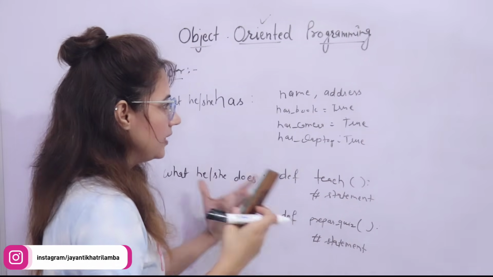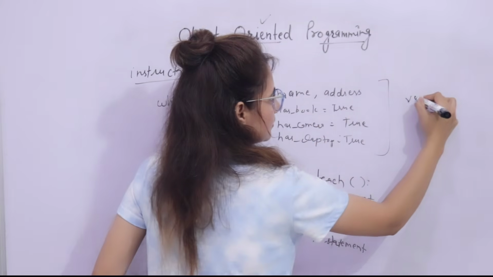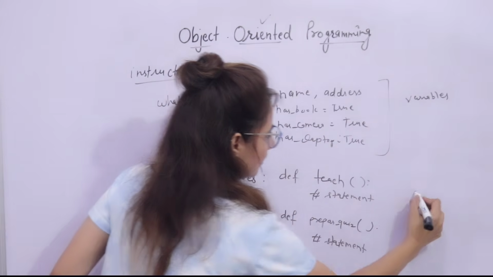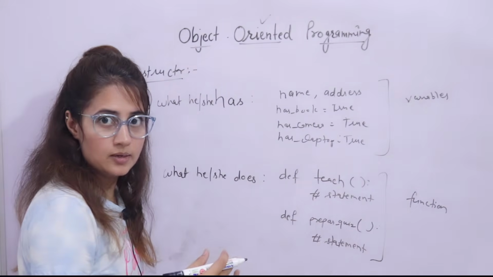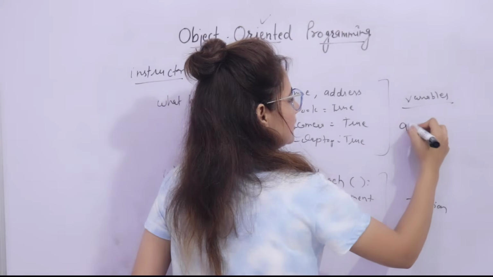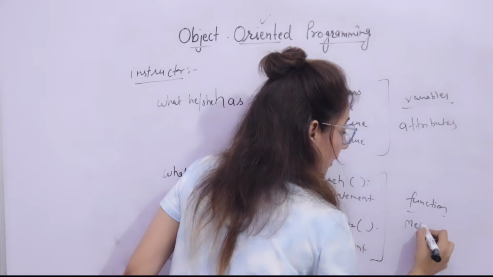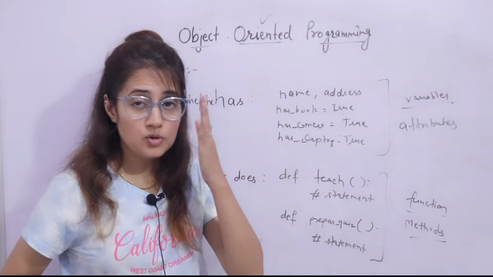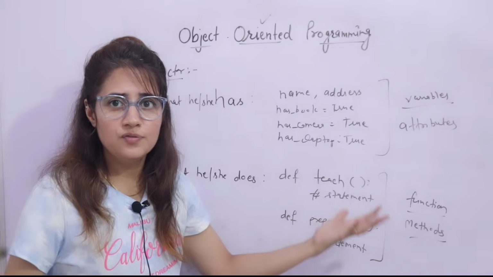Now in programming terms, we know these are simply variables, and these are functions. But in case of object oriented programming, we call the variables attributes, and these are known as methods, not functions.